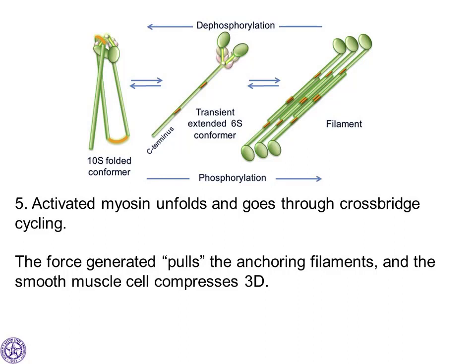Imagine a smooth muscle cell is that ball in the enlarged state, and the contraction of the smooth muscle compressing down three-dimensionally. Because that's what happens. When all these dense bodies and dense plaques shorten and pull at each other, you get that three-dimensional compressing of the whole cell. Now, when you join these cells together into sheets and layers and belts, you're going to accomplish a lot of work in the digestive system, respiratory system, and circulatory system.